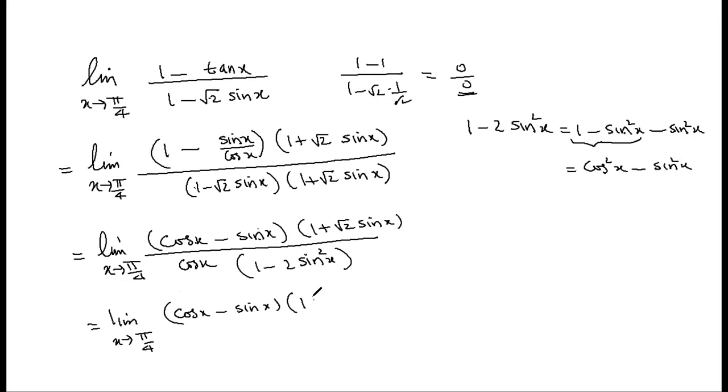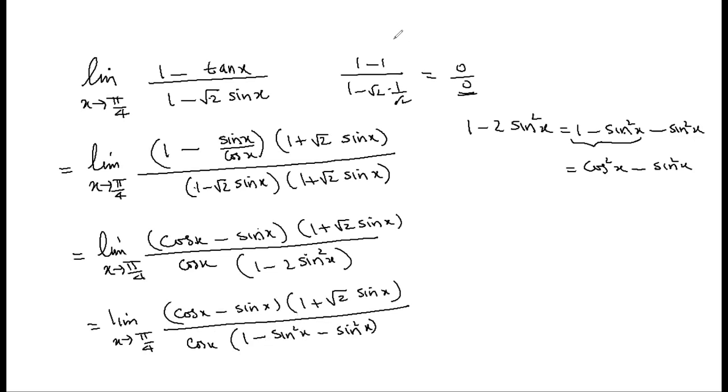You could have written in so many other ways, but then our idea of getting common factor would not happen. That is why I'm doing it. 2 sin square x को split करेंगे, sin square x minus sin square x. और अभी इसको cos square x लिखेंगे. फिर a square minus b square को a plus b into a minus b.